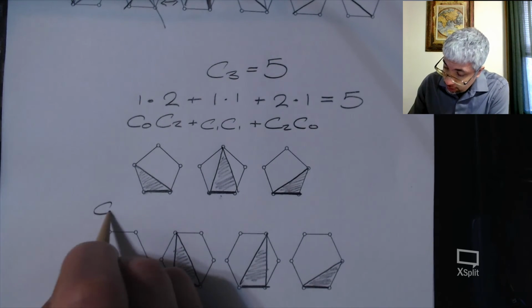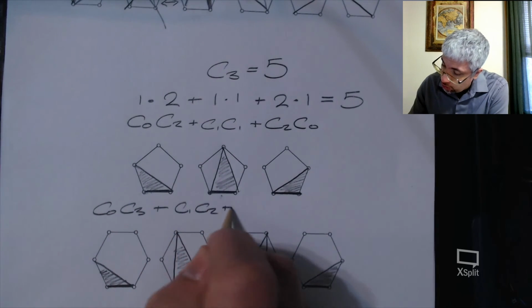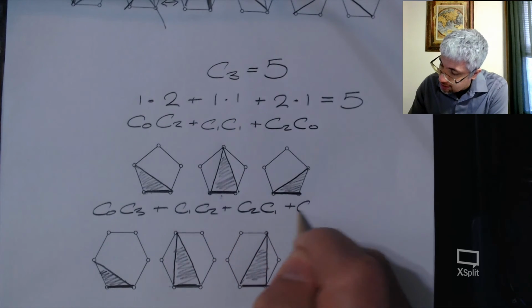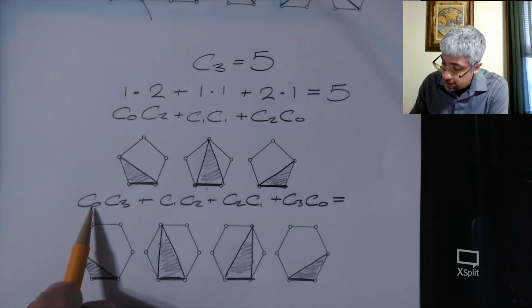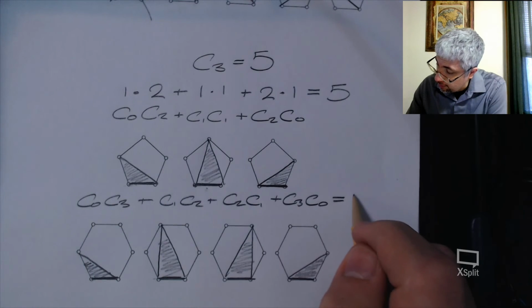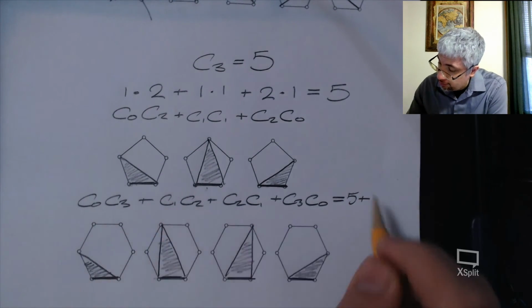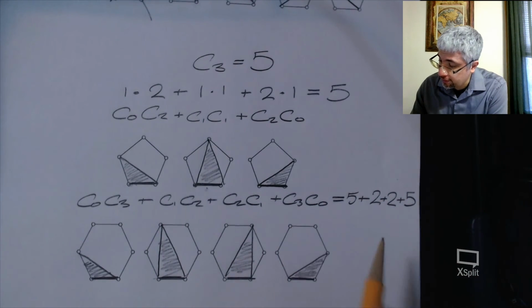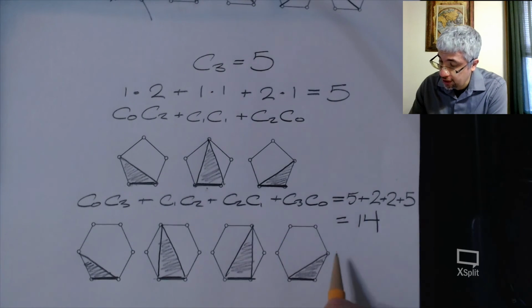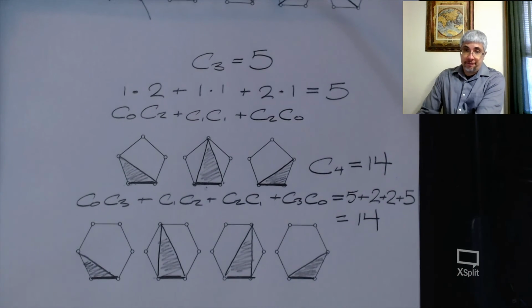Here I have C0 on the left and C3. Here I have C1 and C2, C2 and C1, and C3 and C0. So what's this going to be? Well, I can see this is going to be 1 times 5, 1 times 2, 2 times 1, and 5 times 1, which is 14. So I get C4 equals 14.